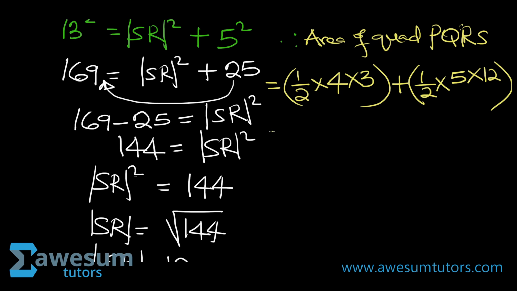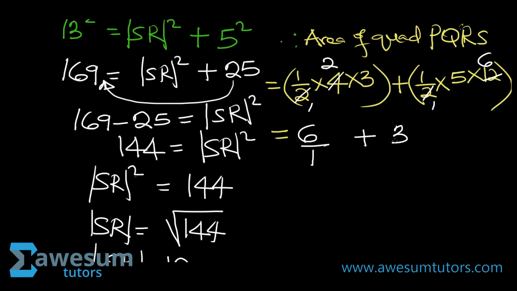Okay, so now what do we do? Let's break it down. 2 into 4 is 2. 2 times 3 is 6. 6 times 1 is 6. Okay, 6 over 1, plus 2 into 12 is 6. So I have 1 times 5 is 5. 5 times 6 is 30.